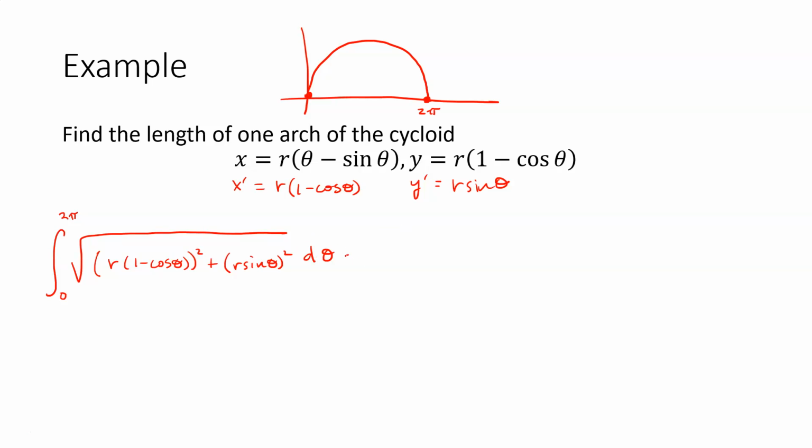And then let's simplify it so that we can evaluate it. First I'll FOIL this first one out. 1 minus 2 cosine theta plus cosine squared theta, plus r squared sine squared theta.